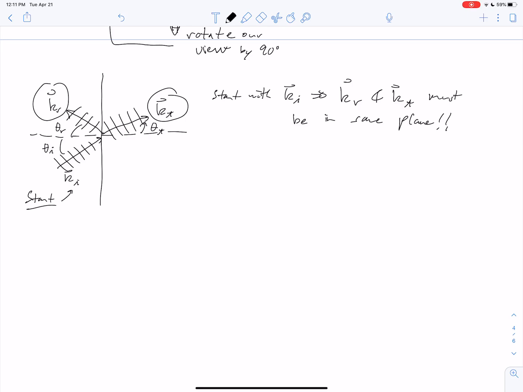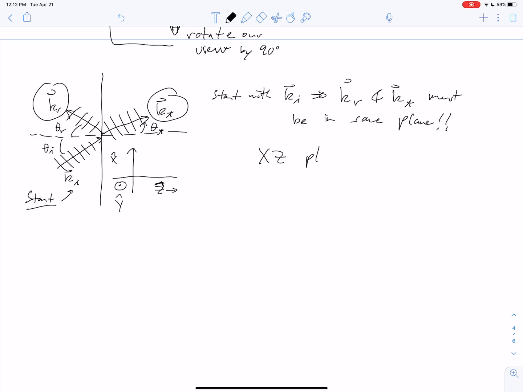As I've drawn here, this is the plane. For this coordinate system, this direction is the Z direction, this direction is the X direction, and the Y direction is coming out into your face.